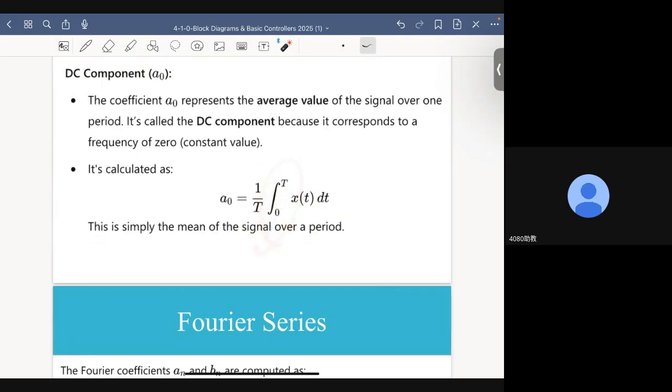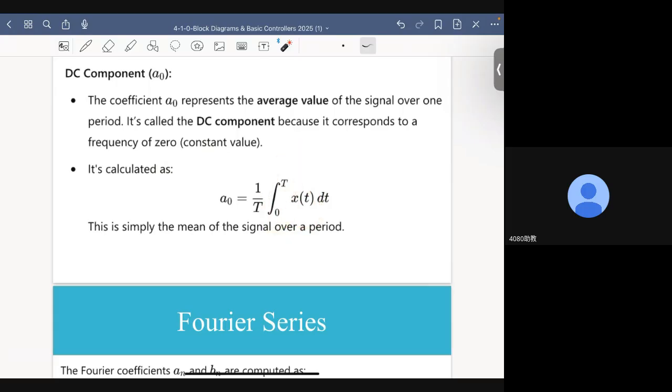Why do we restrict ourselves to one period? Because it is a periodical function. If you want to go from here to here, you just do the same thing repeatedly. It doesn't provide any additional information. So when it comes to the average value, all you need to do is concentrate on the time response of x of t within one period.